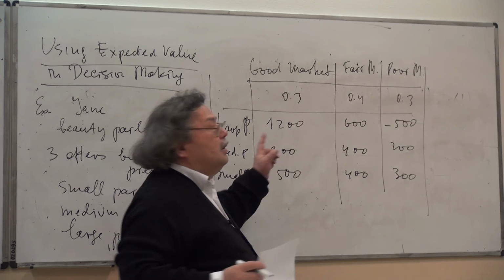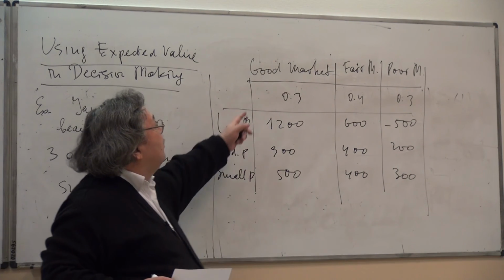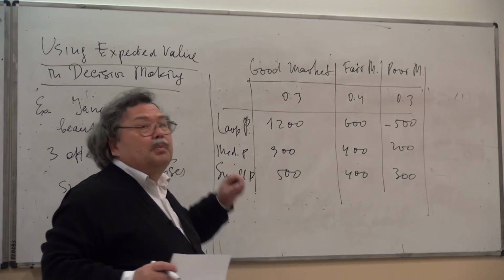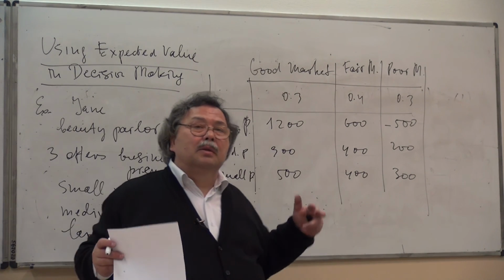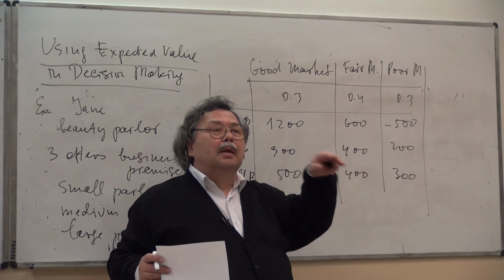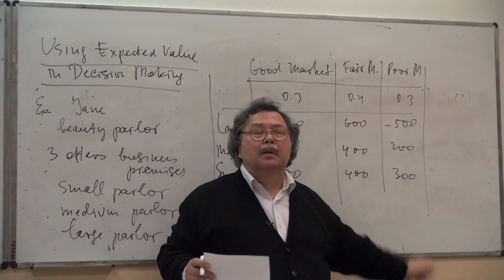If you look at these figures, you'll see that it stands to reason. If the market is good, then the large parlor brings the maximum profit. But on the other hand, if the market is bad, the large parlor is hit the worst of them all.